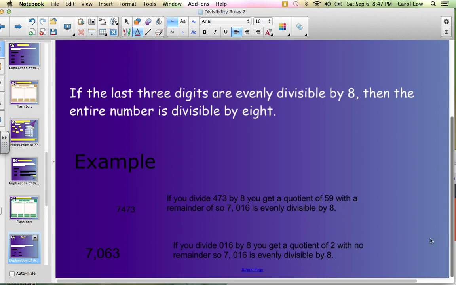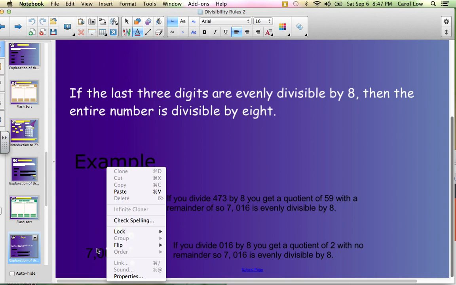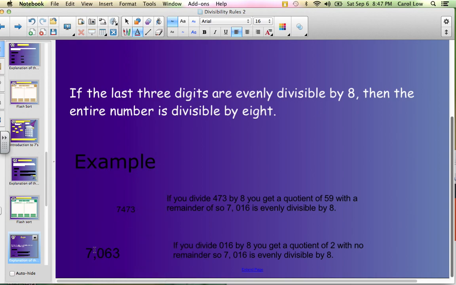That would make more sense, wouldn't it? Well, you know what? I'm having a hard time here. But 7,016, and then that is divisible by 8. Okay? That slide's a little mixed up.